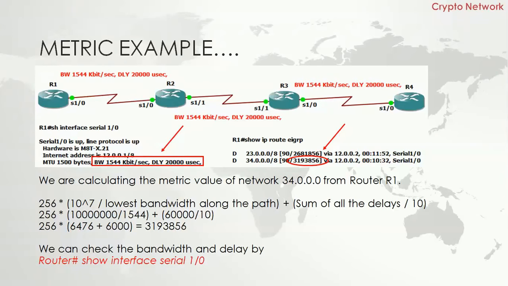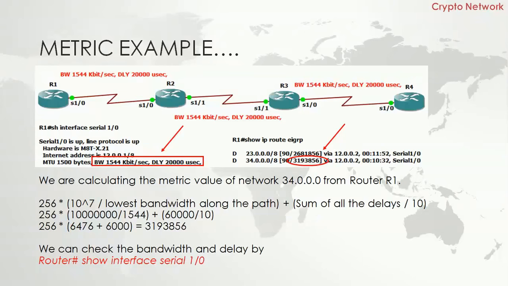So if we calculate 256 into 6476 plus 6,000, the figure comes to 3193856.